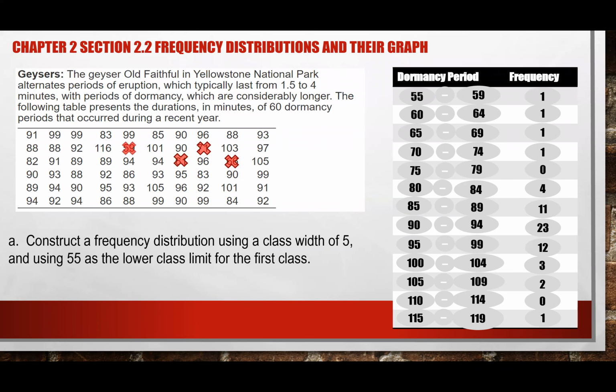And for the rest, I go in and tally up, which is all you do. You go in your raw data and tally them up: 1 line, 2 line, 3 line, 4 line, 5. This is what we have. To make sure we have the right result, you add 1 plus 1 plus 1 plus 1 plus 4 and so on, to see if it equals 60, because we have 60 total data.